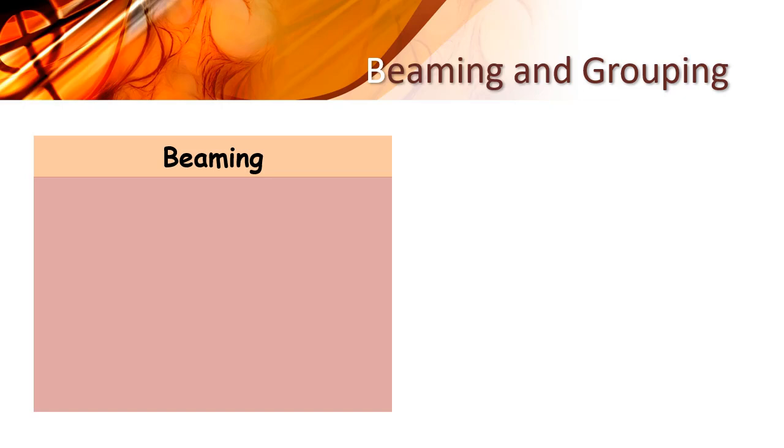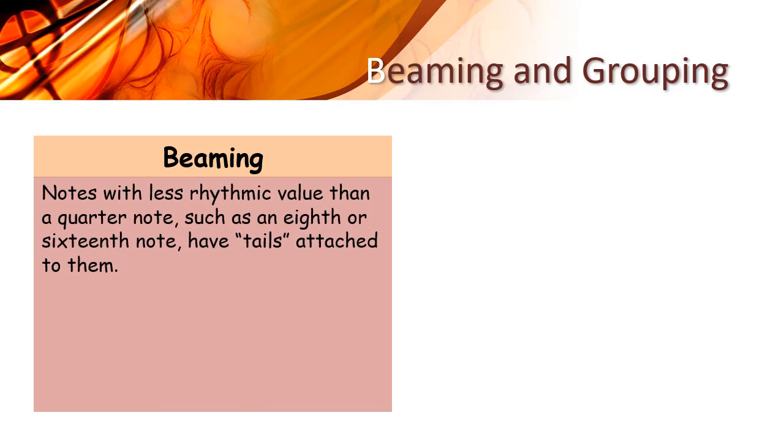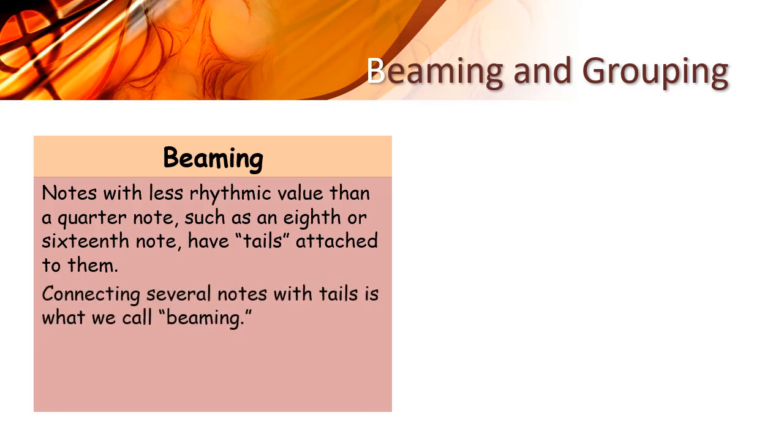Now notes which are lesser than the quarter notes, I'm referring now to the eighth note or the sixteenth note, notes that have the flags or the tails. When their tails are joined together, we refer to it as beaming.